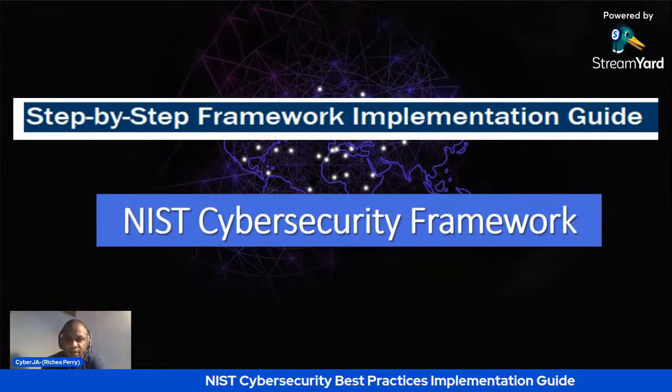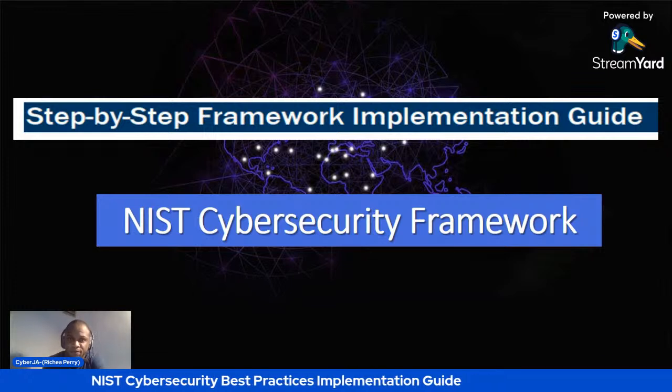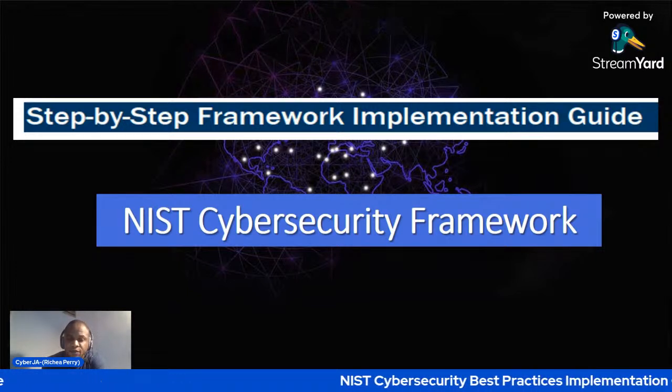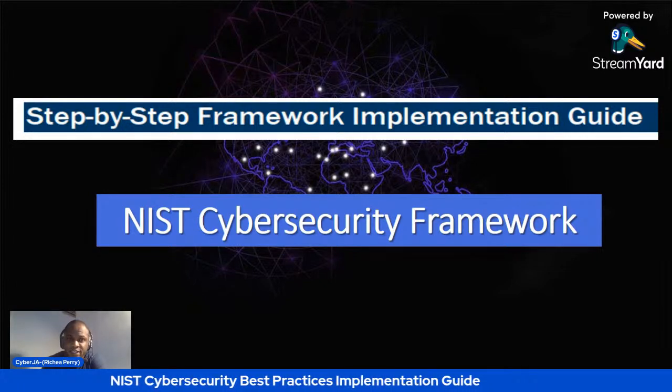All right, so let's look at the step-by-step framework implementation guide. And these are a number of best practices that you can adapt in the process of implementing this cybersecurity framework within your organization.